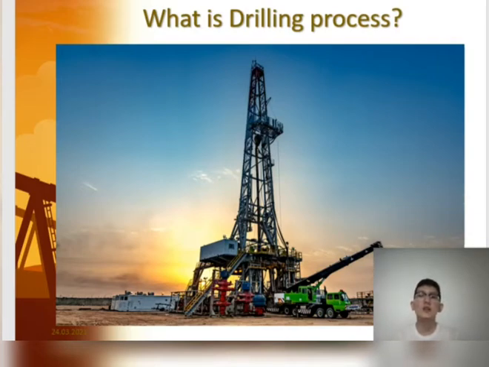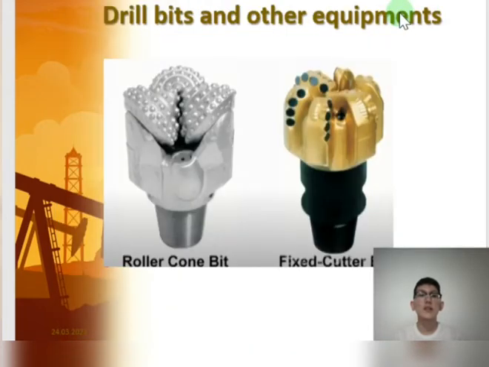So we know that the drilling process is a big and complex process. There are a lot of equipment that we have to use, and it must be fixed and safe. So let's turn to the drill bits and other equipment, because the drill bit is the main equipment of the drilling.